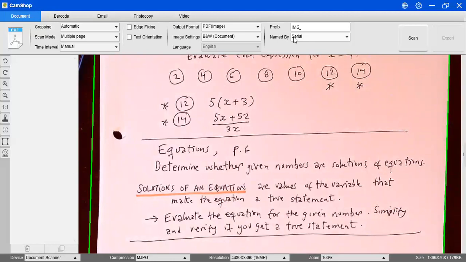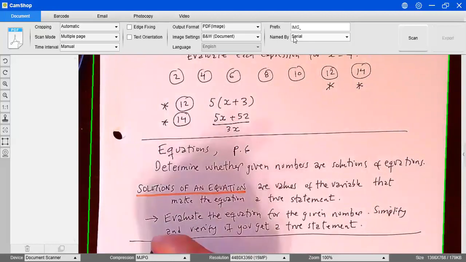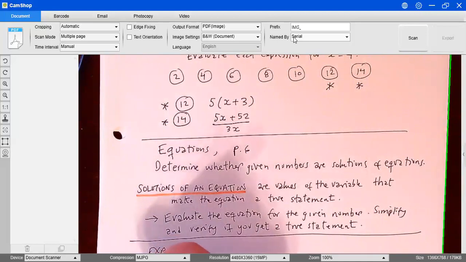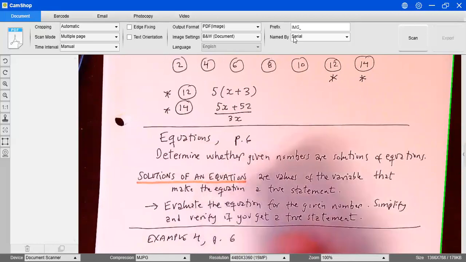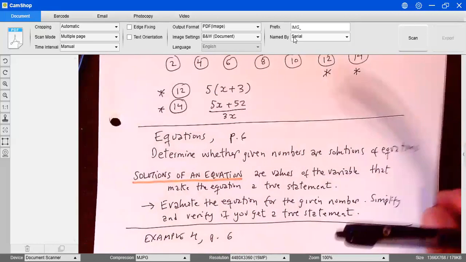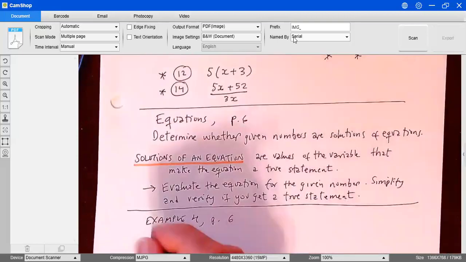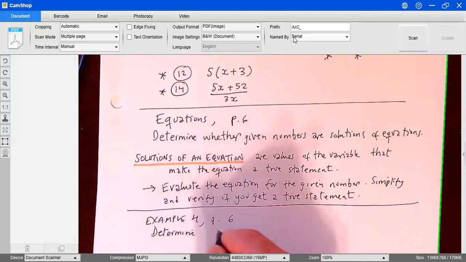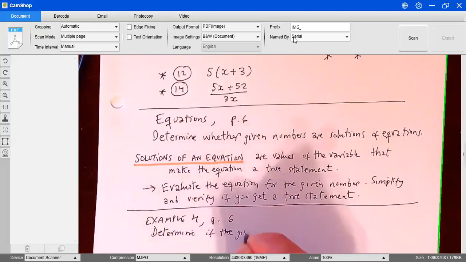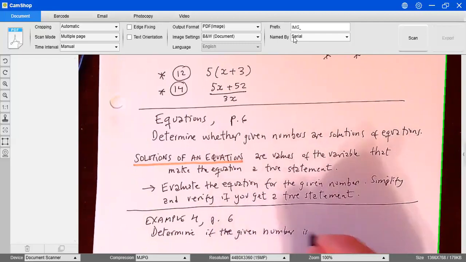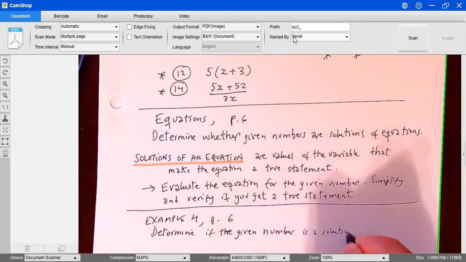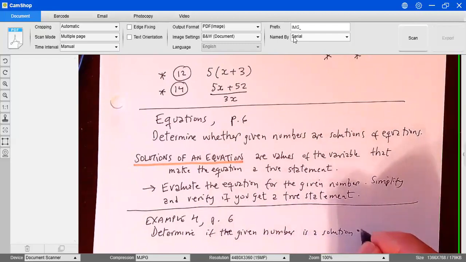So we're going to start doing this by solving example 4. Example 4 is on page 6. The directions are the following: determine if the given number is a solution of the equation.